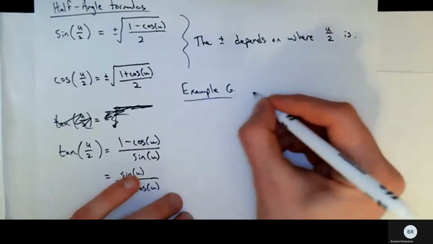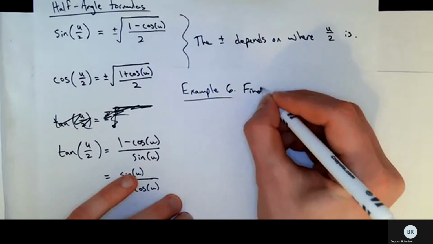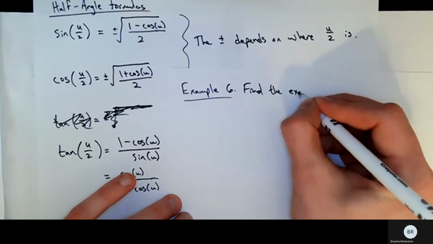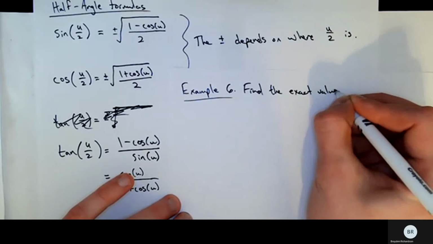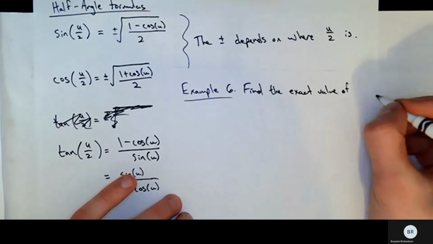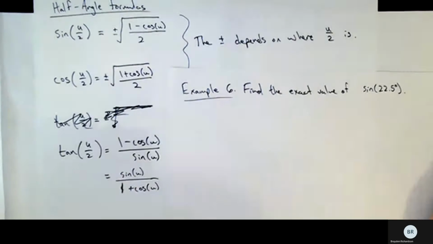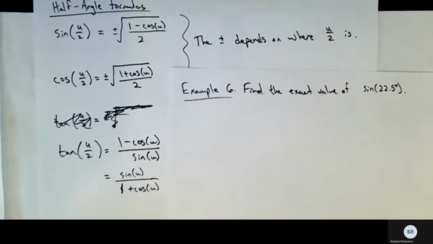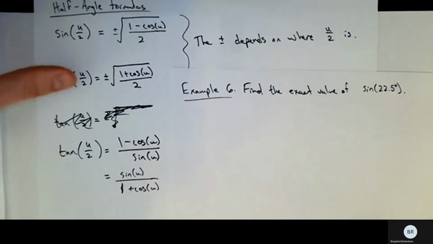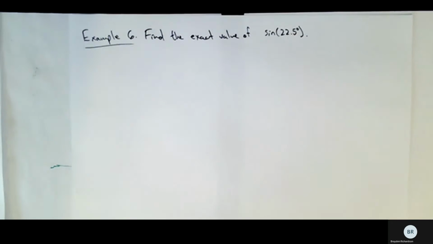Example six. Find the exact value of sine of 22.5 degrees. So this example is a little bit different than the previous ones. I'm actually asking for the value of an angle.